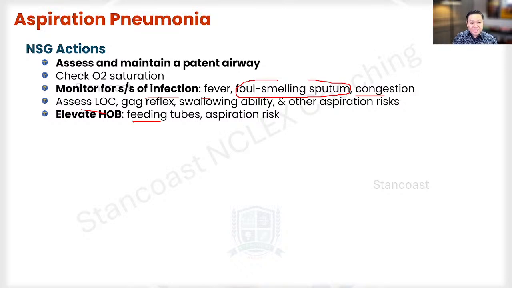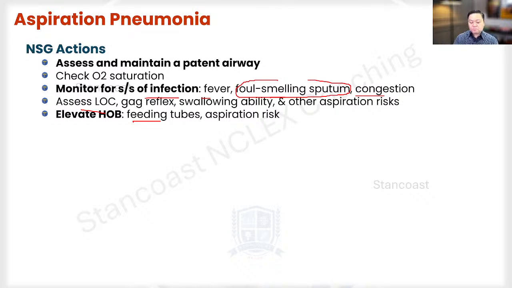Maybe there is increasing residual volume in the stomach that was not checked frequently, and so it's causing the food to back up into the esophagus, and finally it went into the patient's airway. All right, so make sure that you report that as well. It might call for stopping the tube feeding at this point until this is cleared.